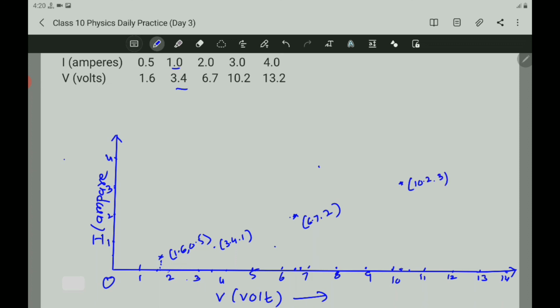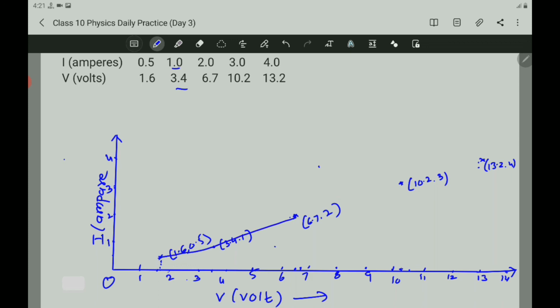Next one is 13.2, 4. 13.2 will come approximately here. Now let us join all these points.